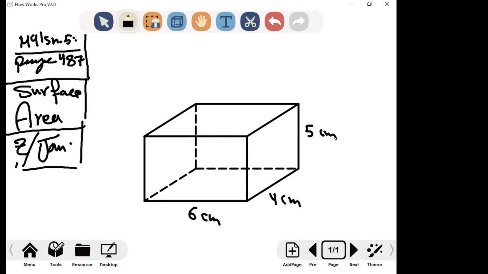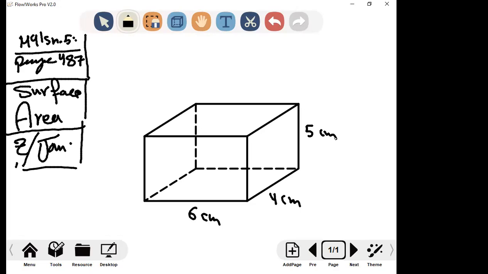To find its volume, we took the formula length multiply width multiply height. Now surface area, how many faces do we have here? 6 faces. I have the bases up and down, the faces to the right and to the left, and the faces in the front and in the back.